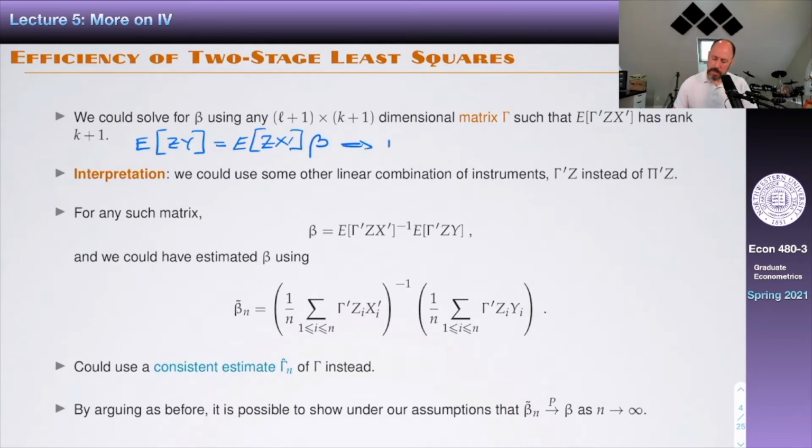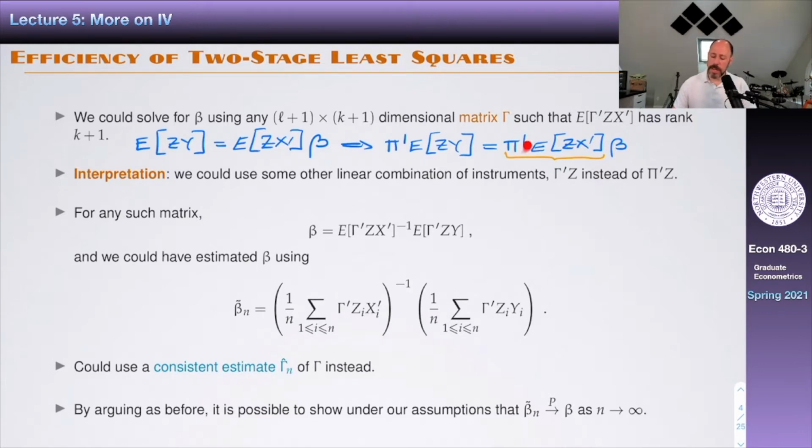And so what we did was we pre-multiplied by this matrix pi on both sides. And by doing this, we obtained a matrix here on the right-hand side that was invertible. But as I write over here, we could have pre-multiplied by any other matrix. Here, let's call it gamma.